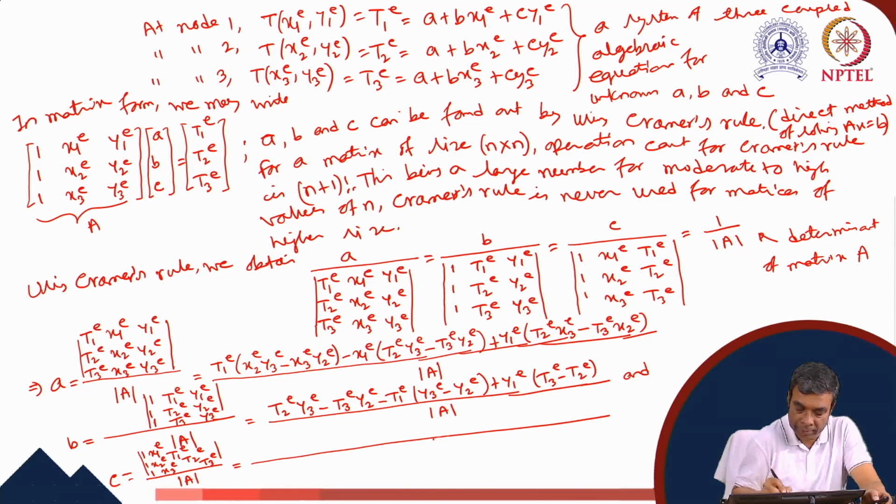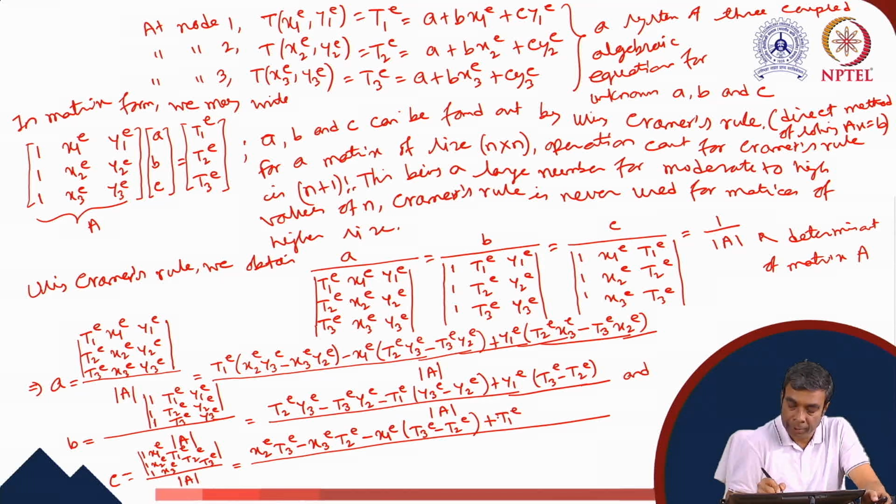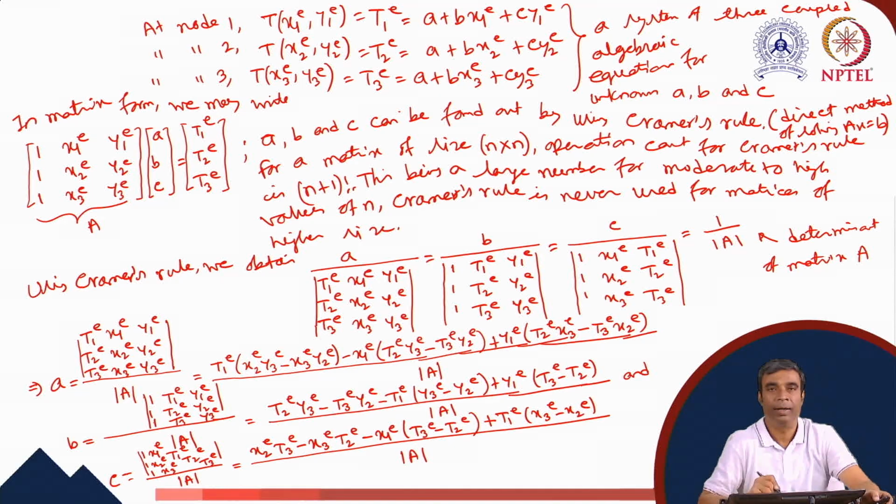This can be simplified as 1 into (x2e T3e minus x3e T2e) minus x1e into (T3e minus T2e) plus T1e into (x3e minus x2e), divided by determinant A. So we have evaluated the unknown constants A, B and C.